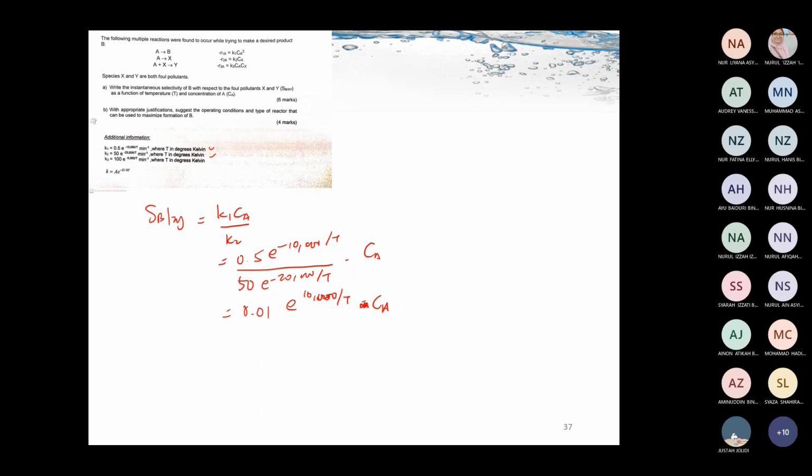So all depending on this one, so you have to do it one by one. Operating condition, because it says based on type of reactor. Usually we have two kinds of reactor, either a gas reactor or a liquid reactor. So you can look at them one by one. For example, for concentration, we look at the operating condition.